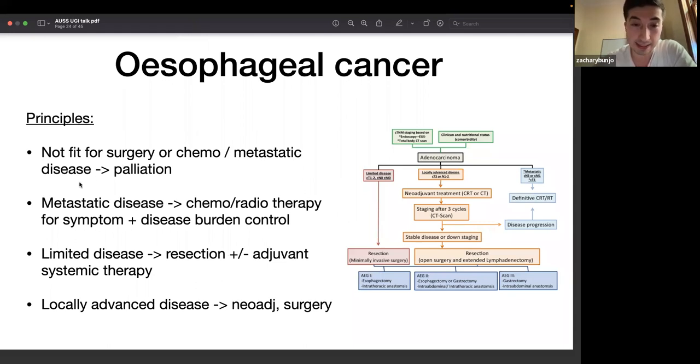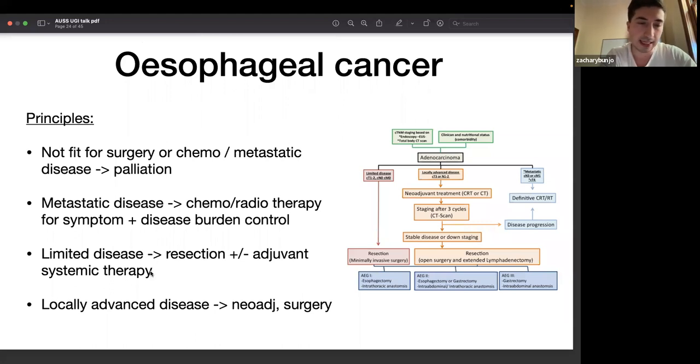If they've got metastatic disease, but they're reasonable candidates from the point of view of comorbidities, then chemotherapy or radiotherapy might be an option, just to buy them a bit more time to control their burden of disease and for symptom control. So an example here might be dysphagia or bleeding, which can be targeted by radiotherapy. So the radiotherapy can be used with palliative intent in those settings.